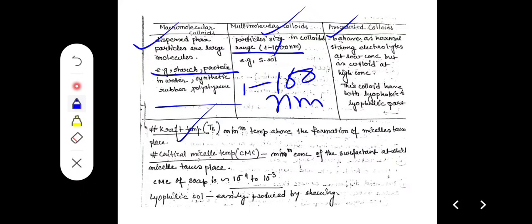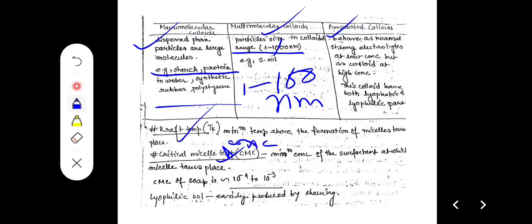Now we consider the CMC, the critical micelle concentration: C for critical, M for micelle, and C for concentration. It is not a temperature, it is a concentration.